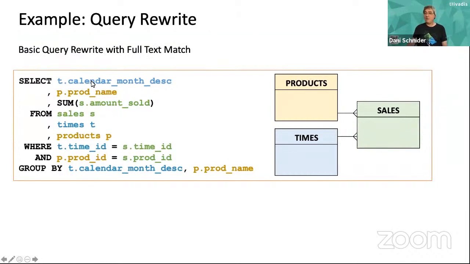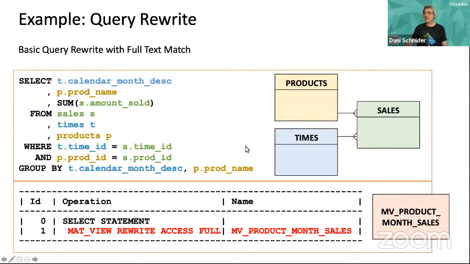And then if I run exactly the same query, the query is rewritten. And when I look at the execution plan, I see it's not a join on three tables. It's just a materialized view rewrite, access full in this case. So more or less a full table scan on the materialized view that was created before.